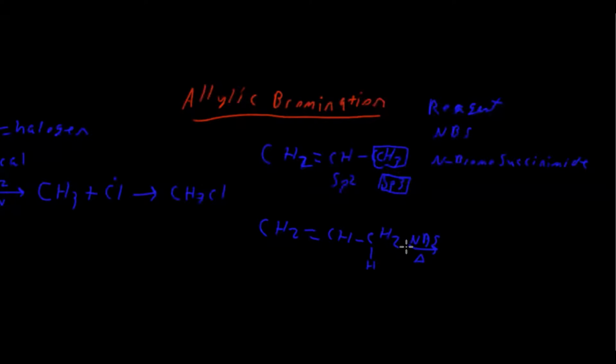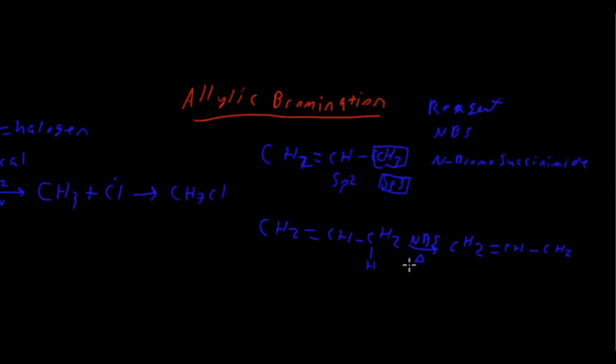The reason I wrote this H here instead of CH3 is because this is the H that we're going to get rid of. It could have been any of the hydrogens. We just happened to pick this one. So we're going to have really the same exact molecule, it's just going to lose that hydrogen right there.